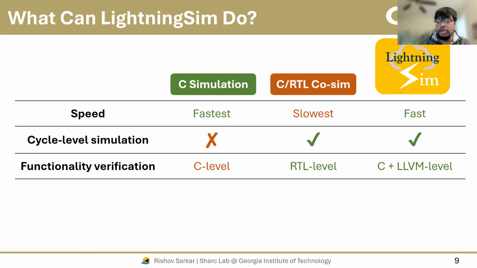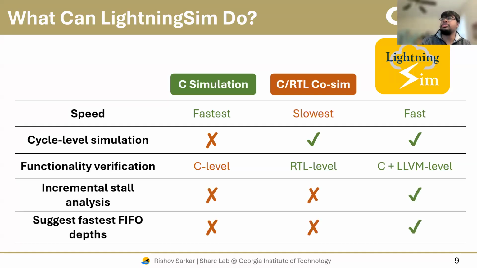It can make sure that the HLS tool is doing the right thing for a lot of the synthesis process. And then it also introduces a few new features that aren't available in any existing simulation tool, such as incremental stall analysis and suggesting the depths of FIFO channels. And we'll talk about these later in the talk.